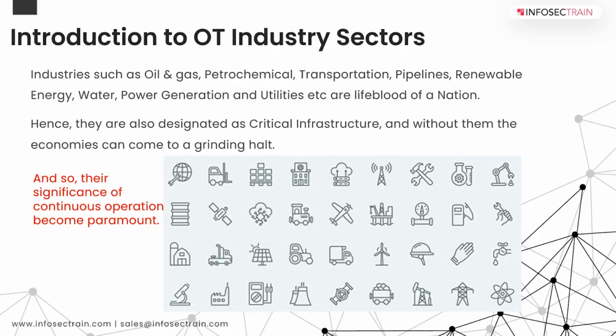Food manufacturing is again one type of batch manufacturing, and there is another type of manufacturing where there is a series of steps. It's called discrete manufacturing.